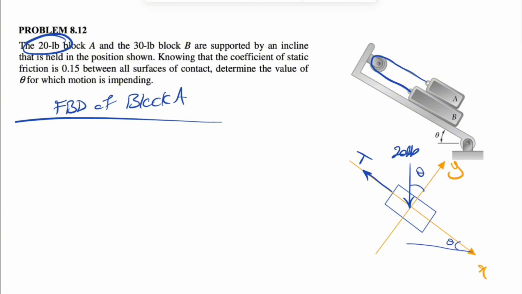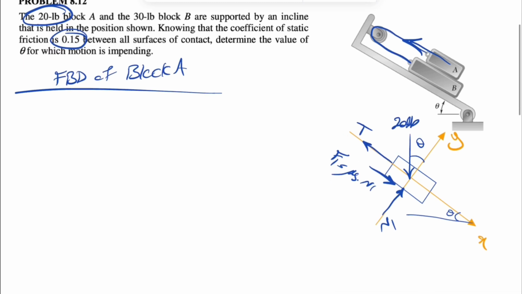We have the normal force from block B to A, which we can call N1. And since this block is moving in this direction, the friction has to be in the opposite direction. So we can consider friction here F1, which is the static coefficient times N1, the normal force. And that's pretty much everything for this block.